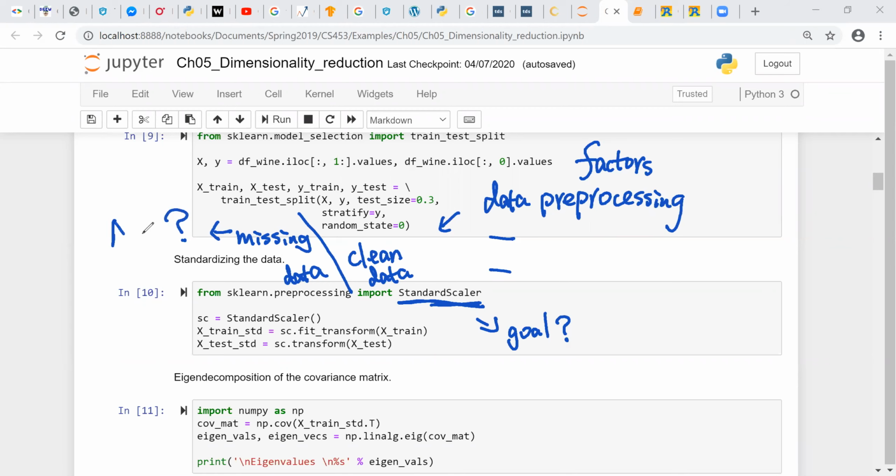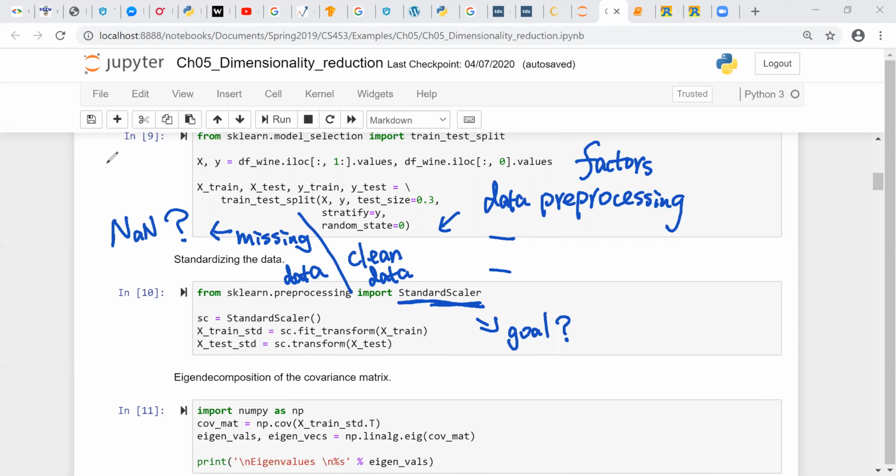Those NaN data in NumPy, how do we clean them? What approach do you use to deal with missing data if your data set has some missing data?